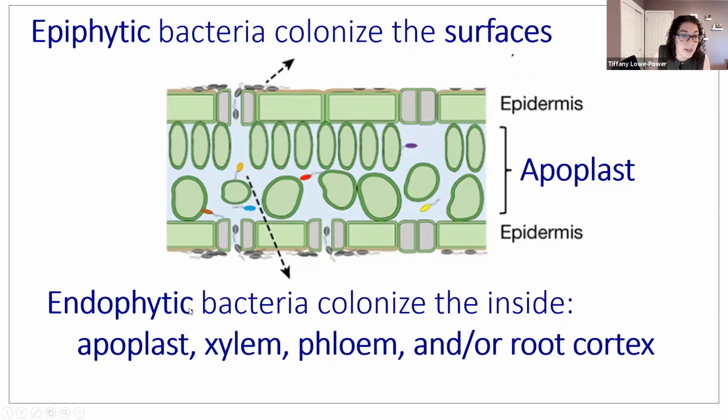But these terms themselves are just describing the physical location of the bacteria. It's also important to note that it's not making an assumption about whether it's a pathogen or not a pathogen. It's just a location. We only know if it's a pathogen depending on if there is a disease outcome.